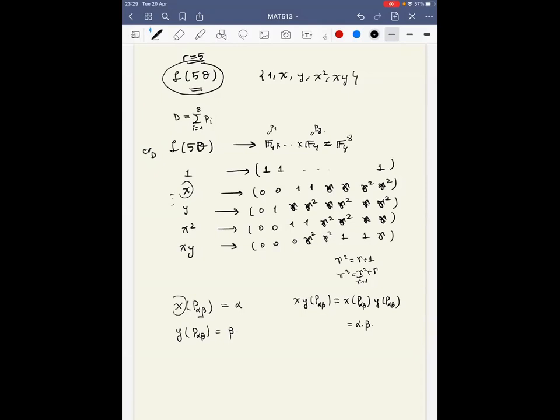So these vectors are also going to be linearly independent in F4 to the 8. So it will form a generator matrix of the Hermitian code of length 8 and dimension 5.